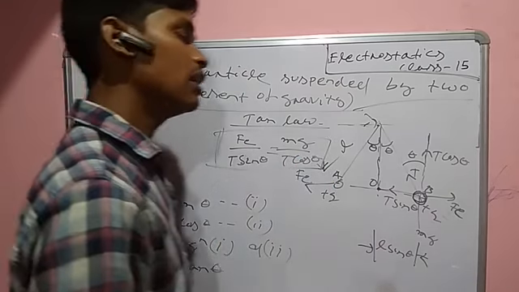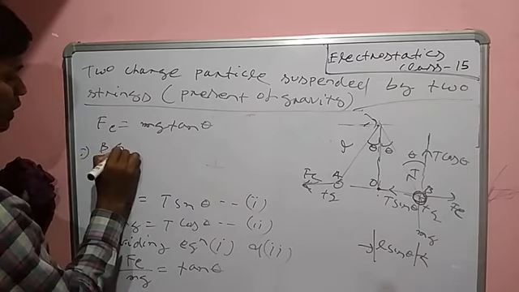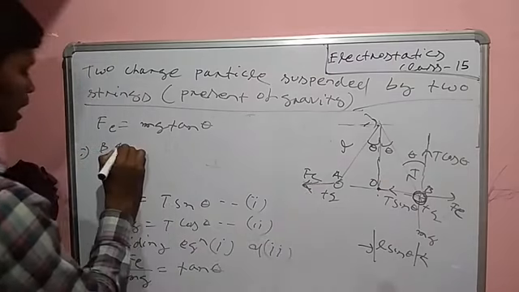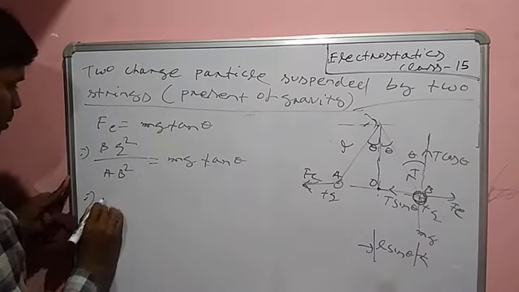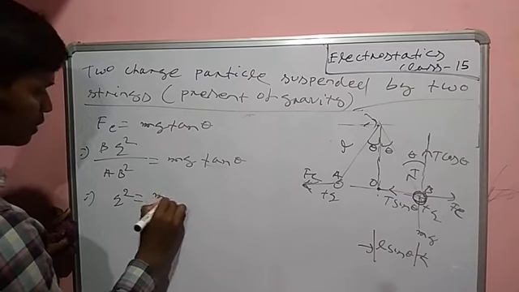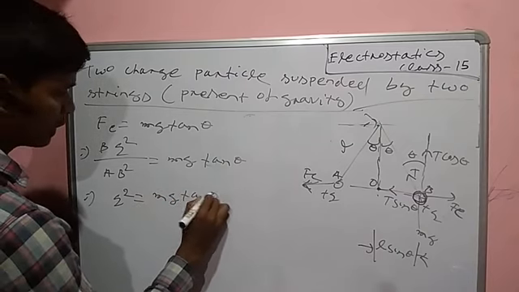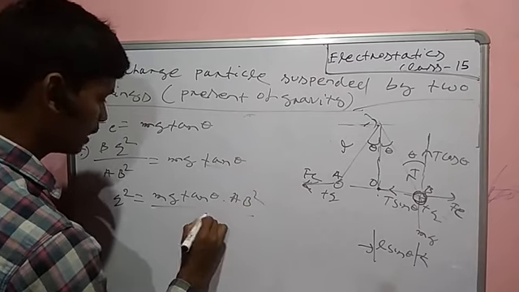Here F is k q square by AB square, which equals mg tan theta. So k q square is equal to mg tan theta into AB square.